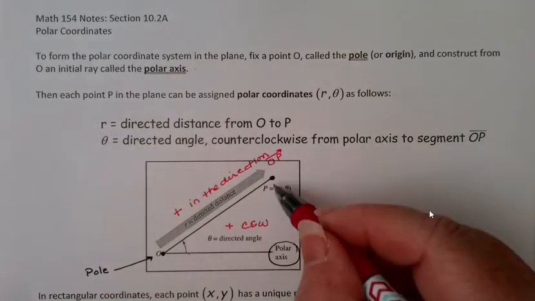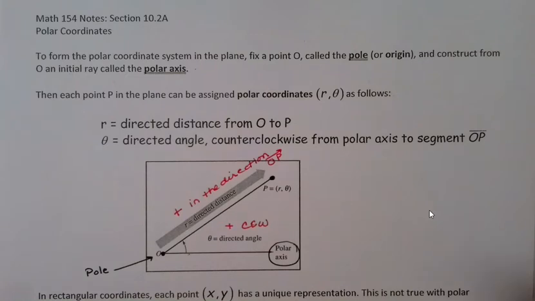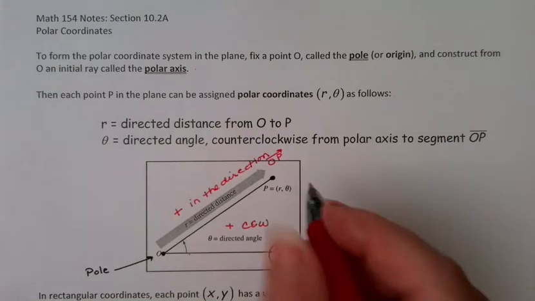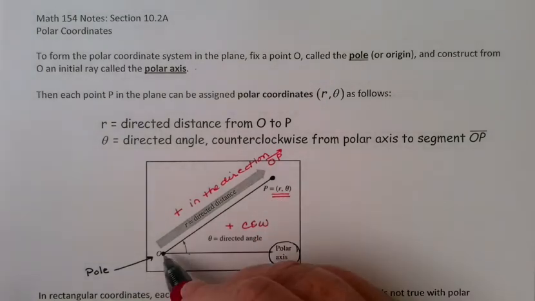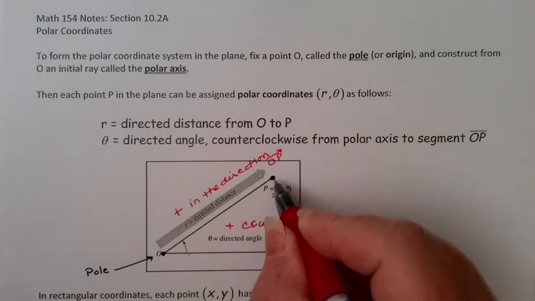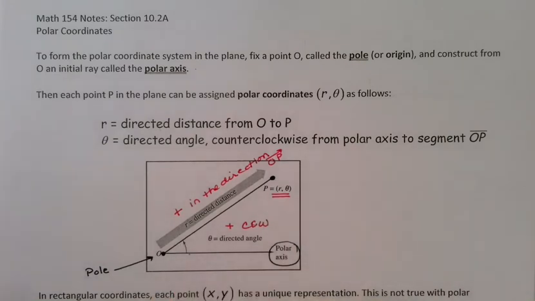So, to give the coordinates of the point P in polar coordinates, it's no longer x comma y. We now give it in the order r comma theta. How far away from the origin and at what angle from the positive x-axis, now called the polar axis.